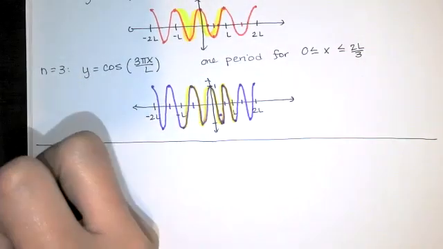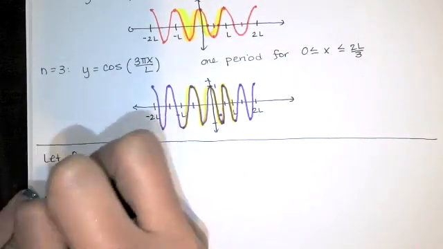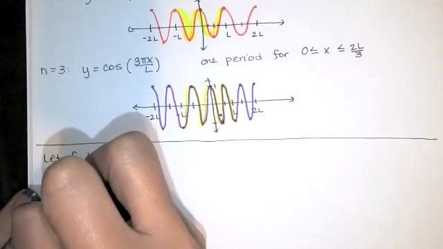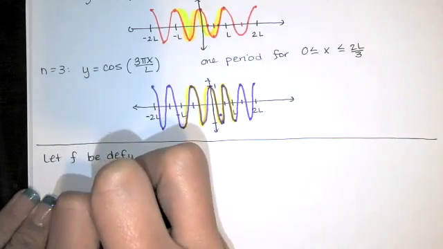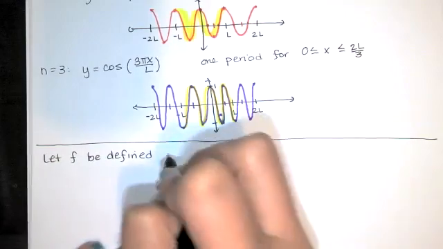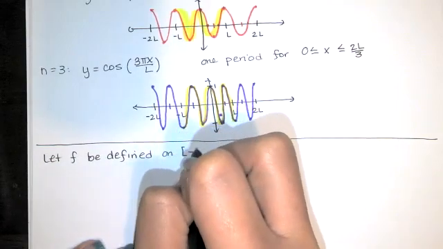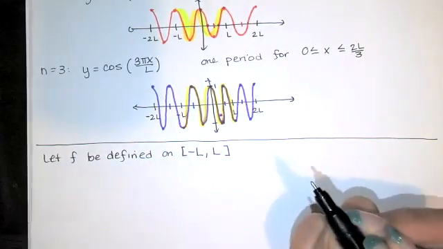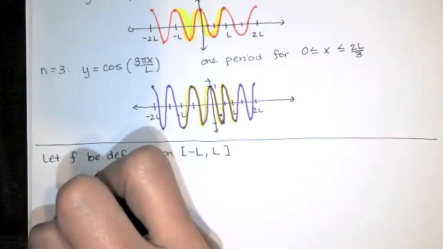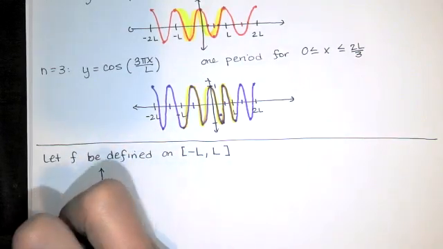Let's say that f is defined on the interval from negative L to L. And just for our example, I'm going to give you this picture. It could be a different function.